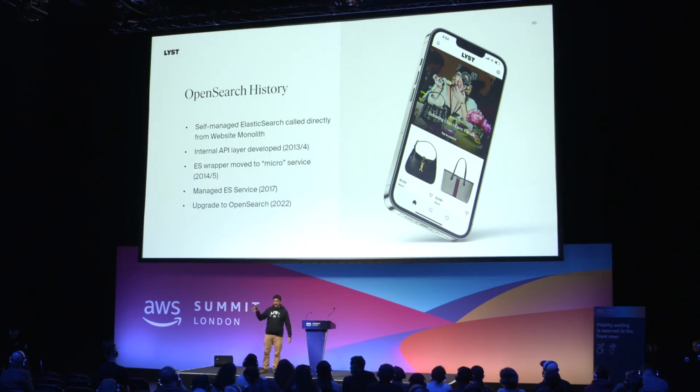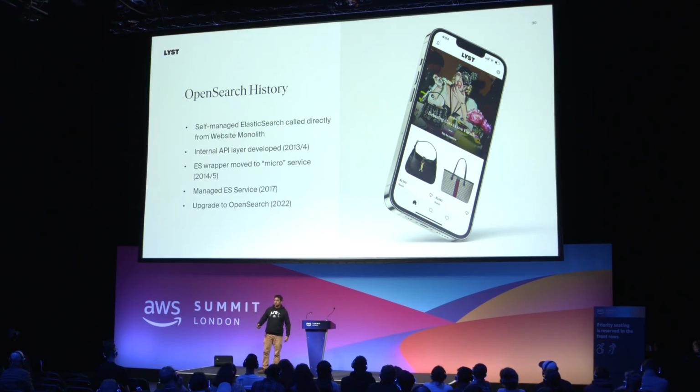Of course, as the trends in the market moved, we've then moved these key business areas into microservices. We've moved the Elasticsearch wrapper into a separate service, which the main website can call, which gives us a degree of separation, helps us to understand how we're calling Elasticsearch better, how to optimize that, how to improve those queries to give the results we want, and of course all the other benefits we get from that being a microservice.